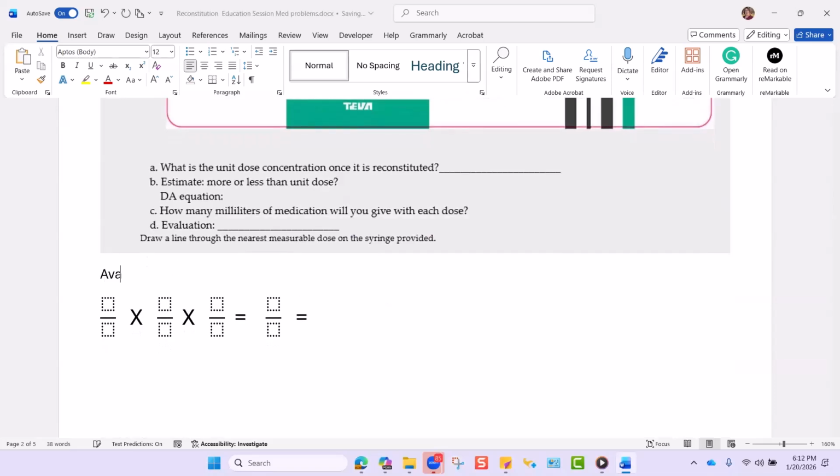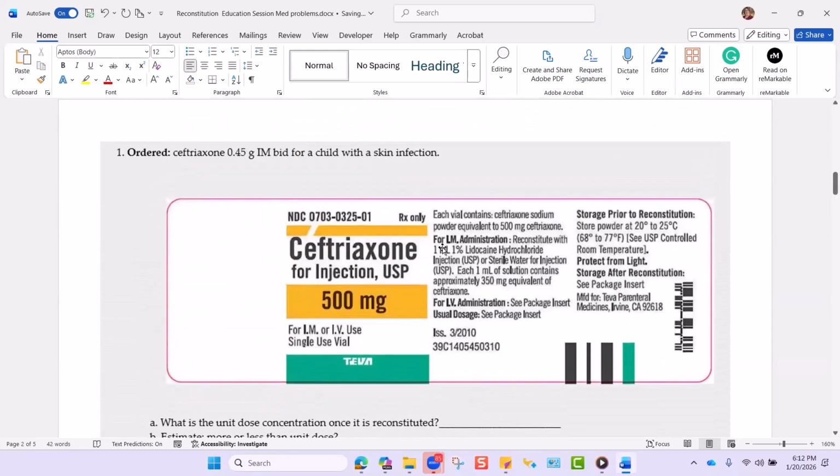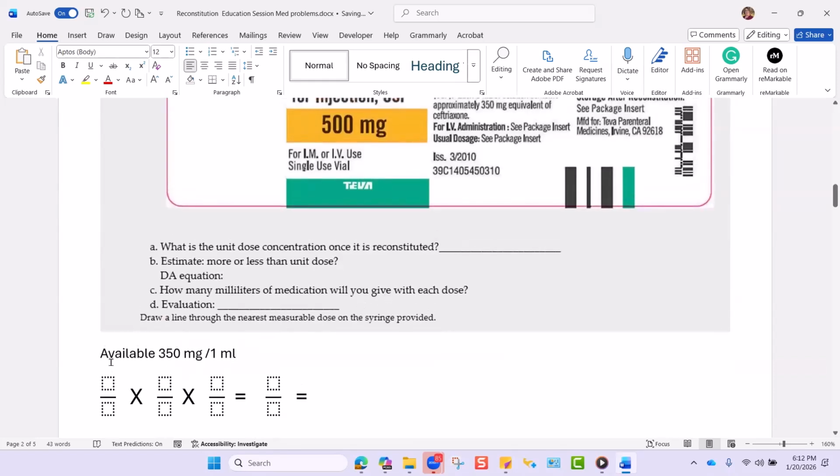So I have available 350 milligrams in how much? It said here 1 ml. So each ml, so that's 350 in 1 ml. So that's an important piece of information that I pulled off of there.